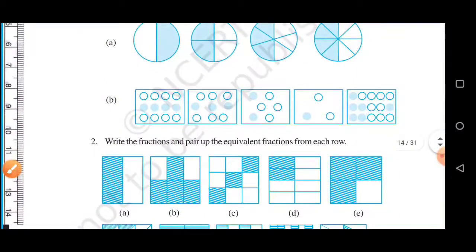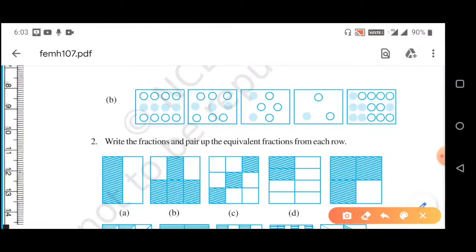Then question number B is, here how many circles are there in total? Here we have 12 circles, out of which 4 are shaded. Here we have 9 circles and 3 are shaded. Here we have 2 shaded circles out of 6 circles.